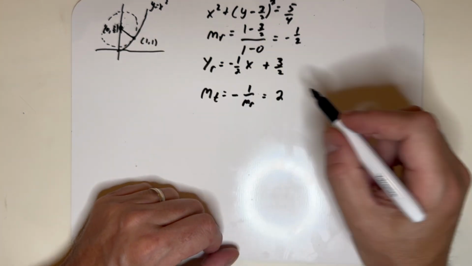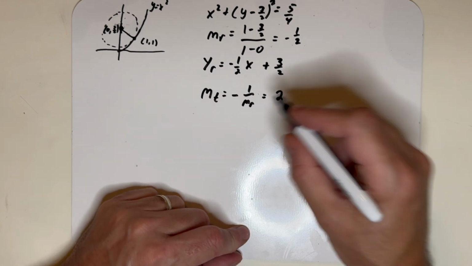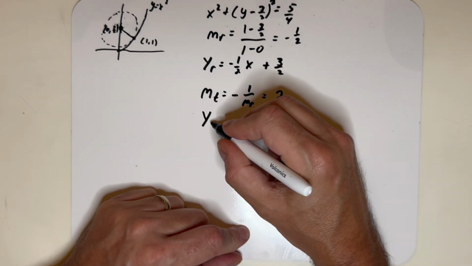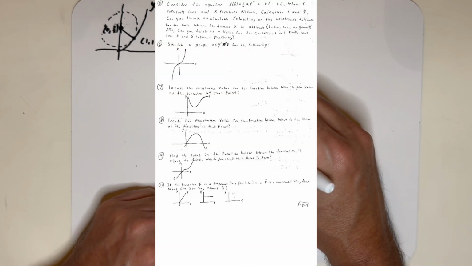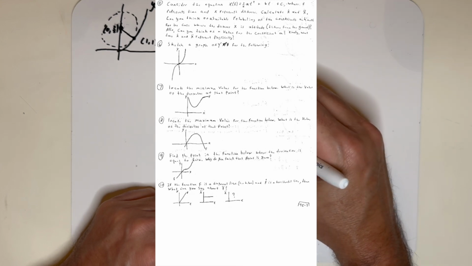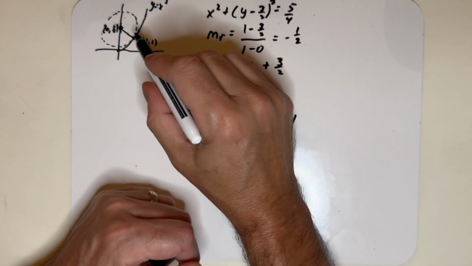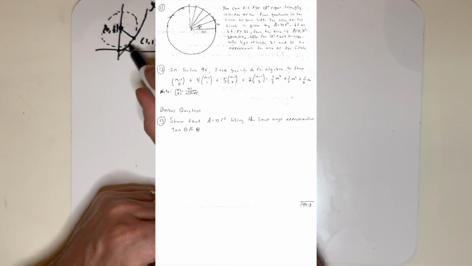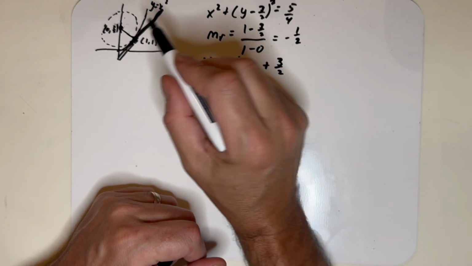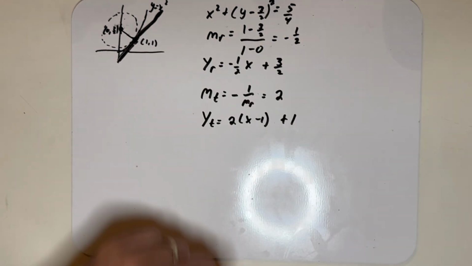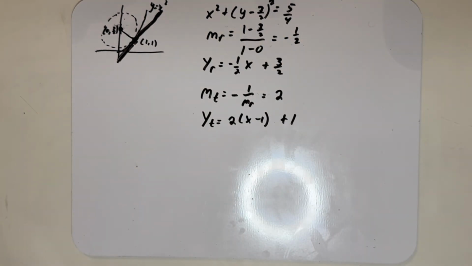Otherwise, it's going to pass through (0, 0). And so to get an equation like that, the tangent line is y sub t equals 2 times (x minus 1) plus 1. And that would give us a line passing through this point here. There we go. Something like that. That's our tangent line. And that is problem number 1.